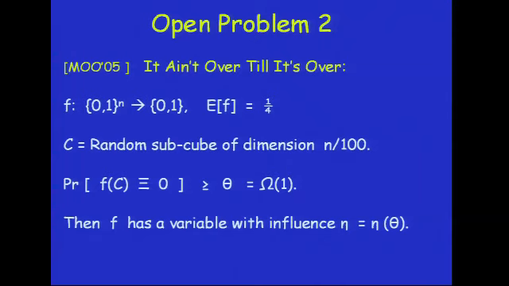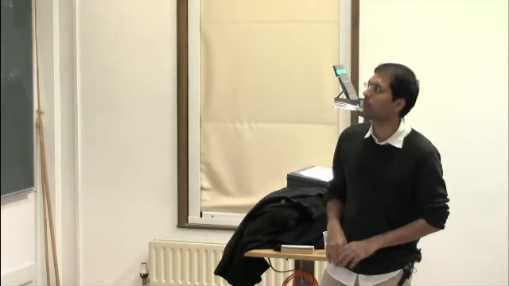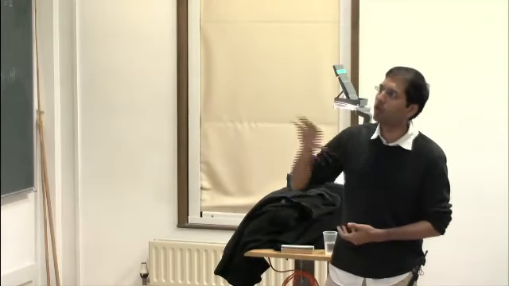If you consider a voting scheme such that no voter has any significant influence, then the result of an election is not determined until you have counted almost all the votes. That's really the statement of the result. But here is a statement which is relevant for what I'm going to say next. So take a Boolean function.